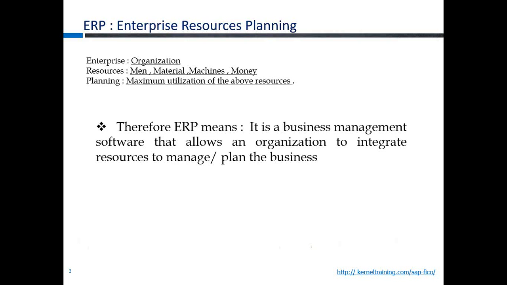So putting it very simply, it is a business management software that allows an organization to integrate resources to manage or plan the business. So for example, an organization cannot be built just like that. It has to be built with men. What is men? It is human resources. Material.